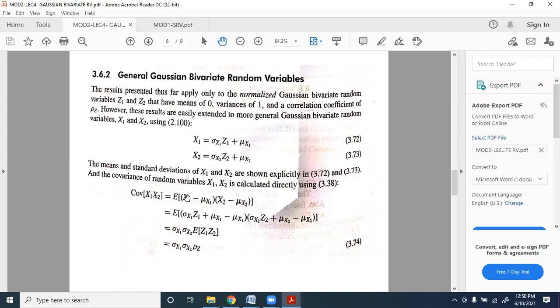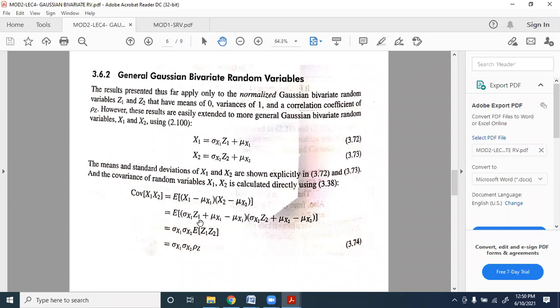So now I can write, from this equation, the value of X1 minus mu X1 will be equal to sigma X1 into Z1, multiplied by sigma X2 into Z2. We are just substituting for X1, X2 from here. So we are left with sigma X1 Z1 into sigma X2 Z2. That will give sigma X1 into sigma X2 multiplied by Z1 Z2. We can take sigma X1 and sigma X2 outside, and we are left with E of Z1 Z2.